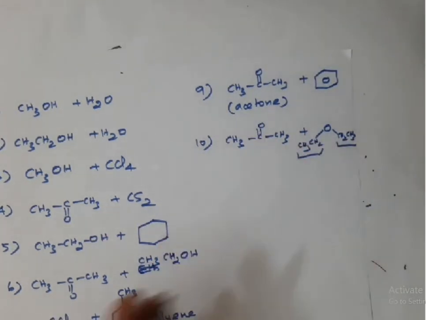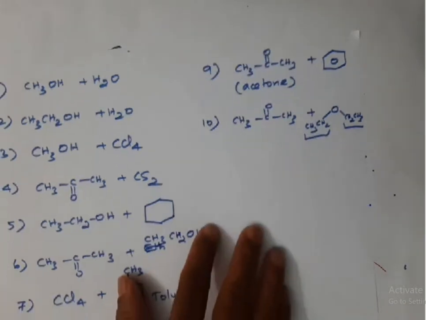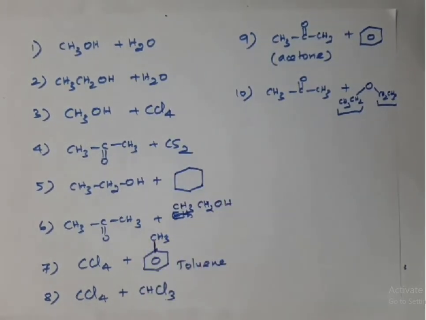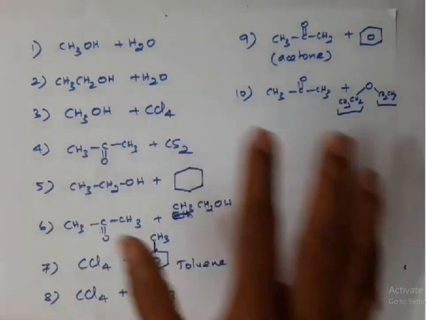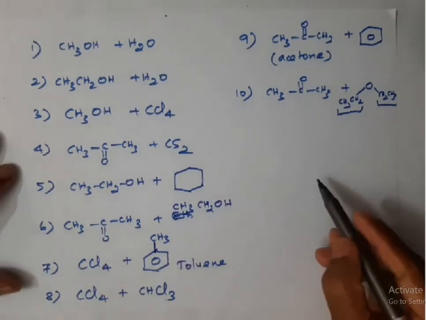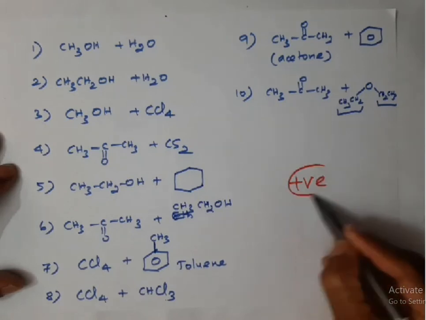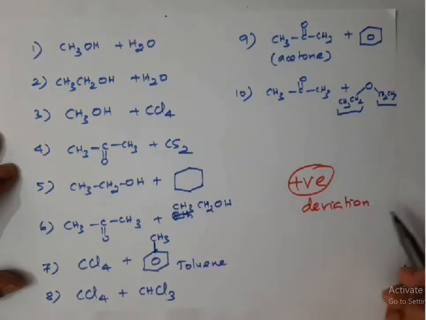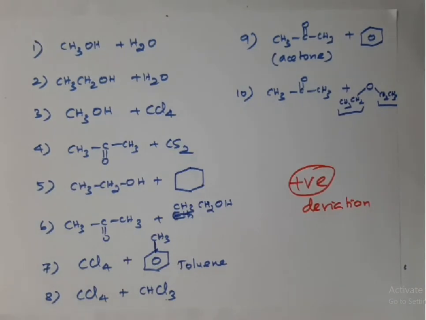If you mix, you will get a solution showing positive deviation. Take it down. All these are examples for solutions showing positive deviation from Raoult's law.